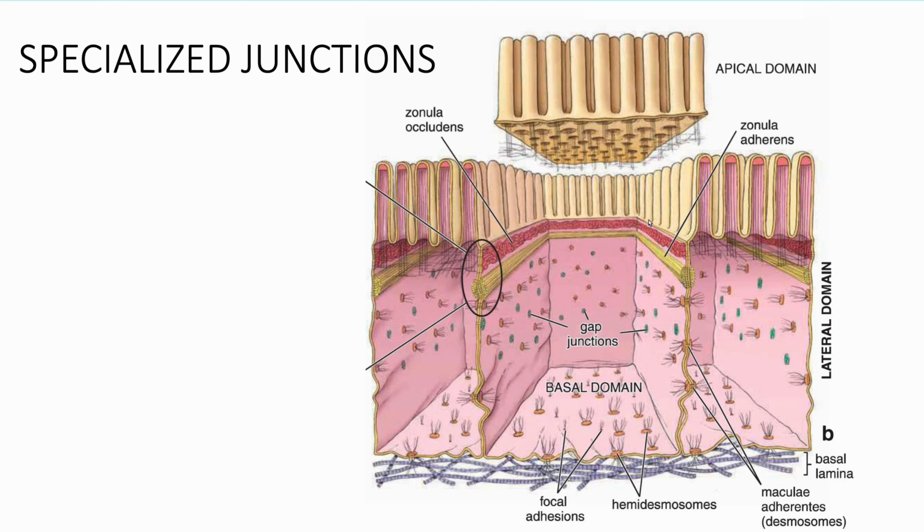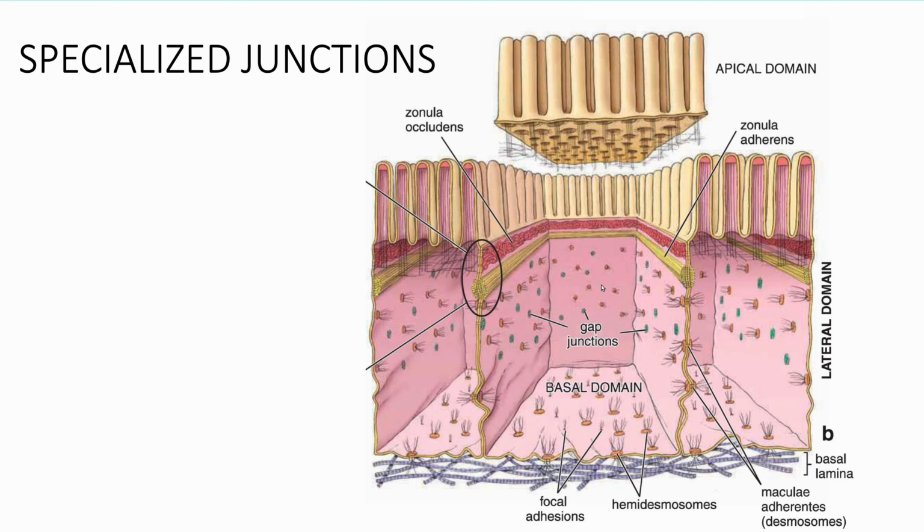In this diagram, the upper part will be the apical domain. The lower part, which is located over the basement membrane, is the basal domain, and the sides will be the lateral domain.